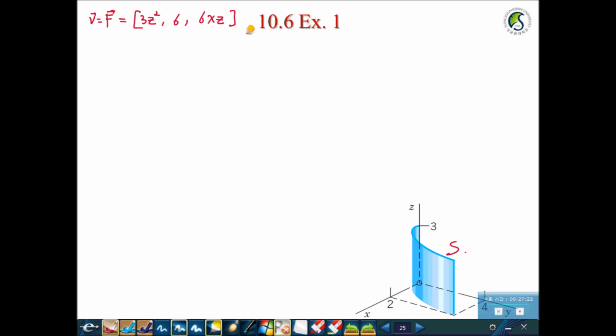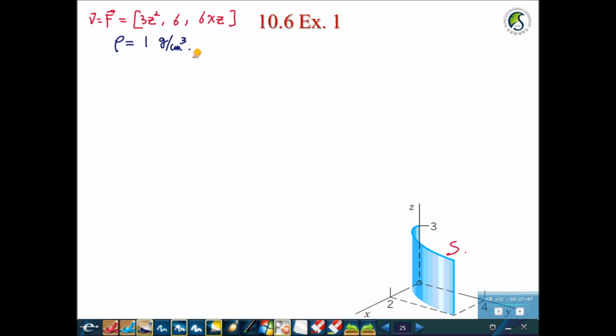So that's the vector field around this space. I'm not going to draw it. In that case, we have to get the flux when rho is 1 gram per cubic centimeter.